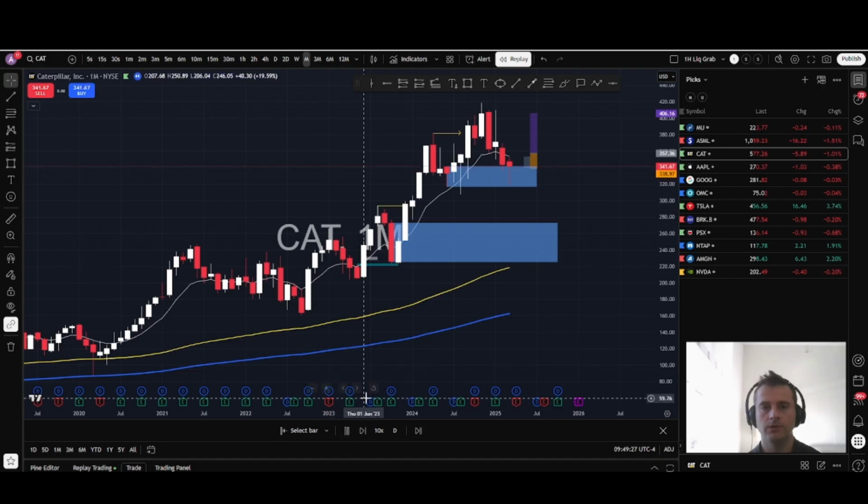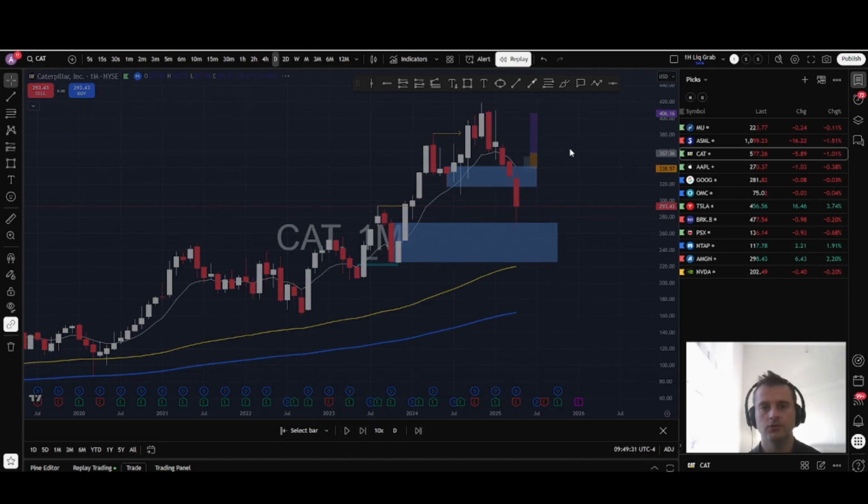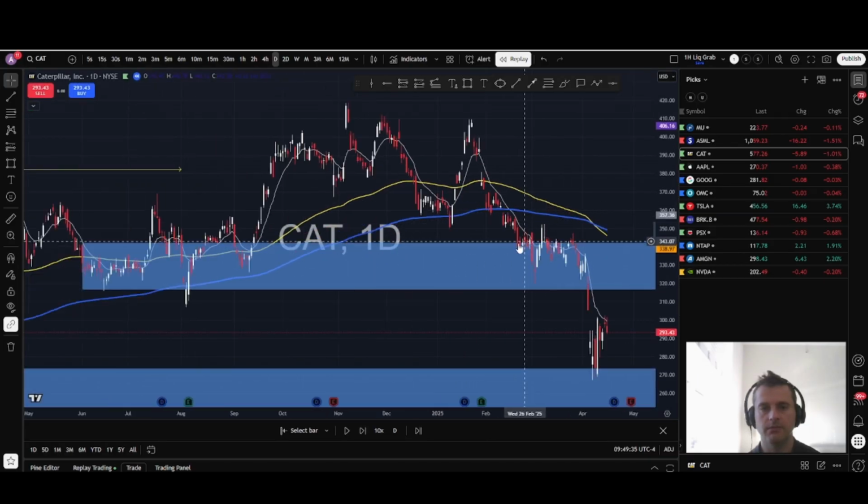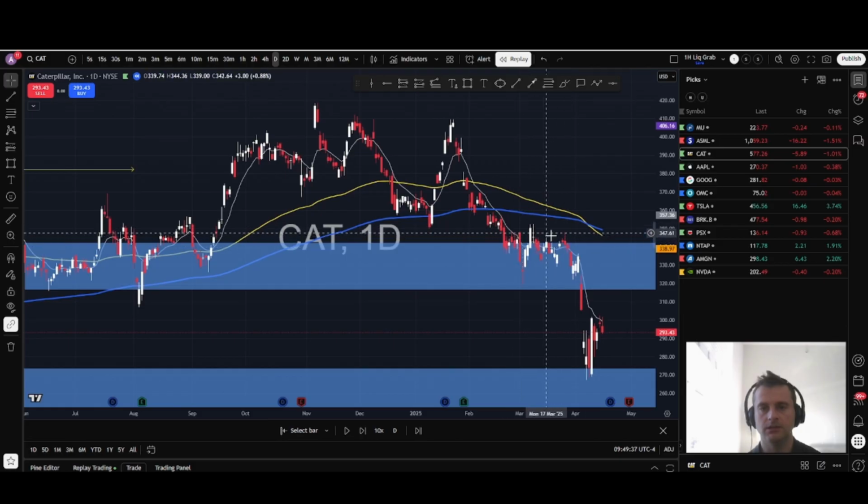Now that we are in that zone, if we go to the daily time frame, we can see that there was never really a confirmation to the first zone. You see that the price collapsed and it reached the second zone.